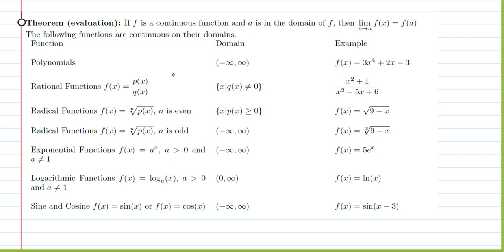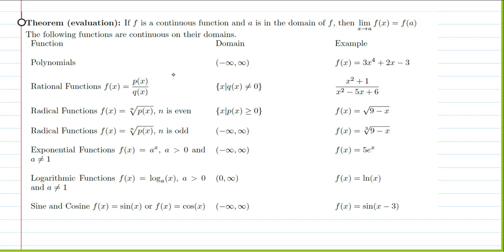So that means for continuous functions, we can bypass pretty much all of our limit properties and just evaluate the function at that point. Well, it was like the example we started with, right? x cubed minus 1, as x got close to 2, we got 7 and 7. What's 2 cubed minus 1? 7, which was the value of the limit, because polynomials are continuous functions.